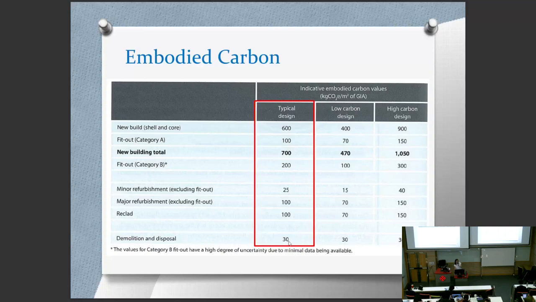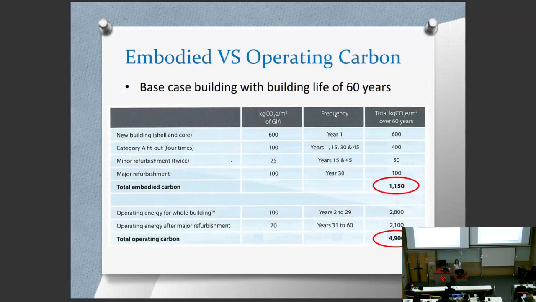So based on these values, we will be able to estimate the embodied carbon of the typical office building in the UK in the whole life cycle, which is around like this.